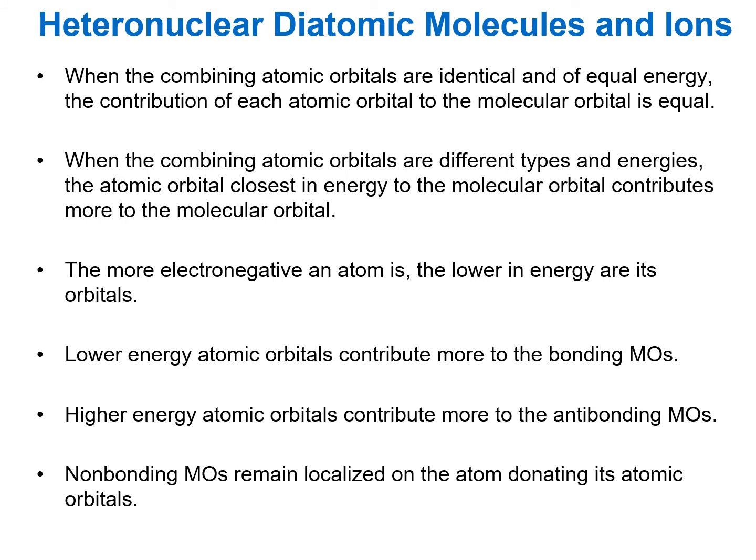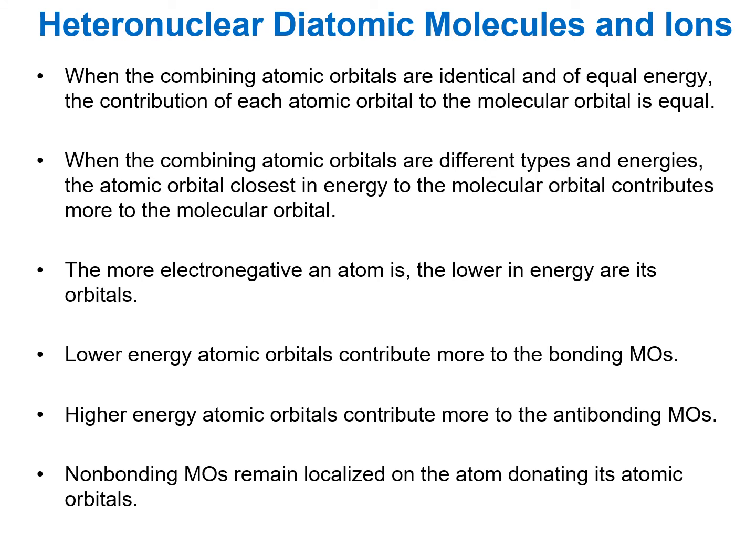The first one says that when combining atomic orbitals are identical and of equal energy, the contribution of each atomic orbital to the molecular orbital is equal. Basically, the same is the same, so there's no real earth-shattering news with that. When combining atomic orbitals that are different types and energies, the atomic orbital closest in energy to the molecular orbital contributes more to the molecular orbital.